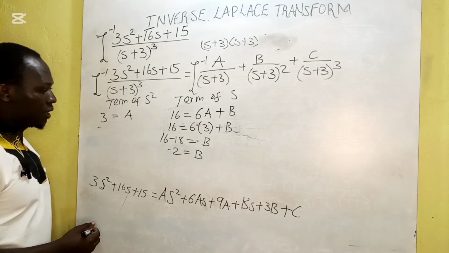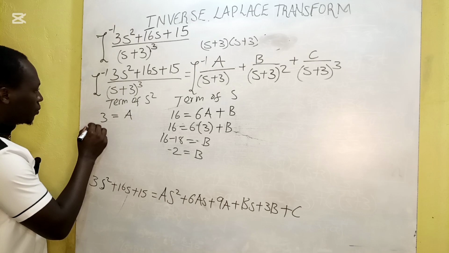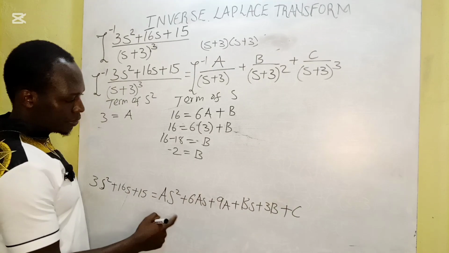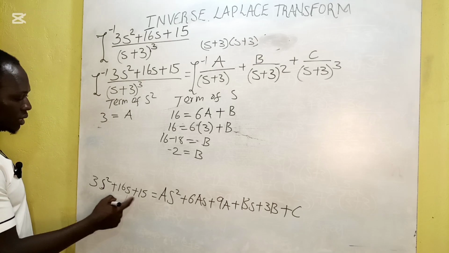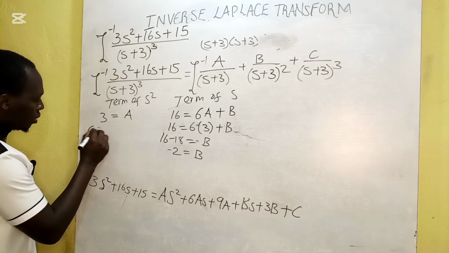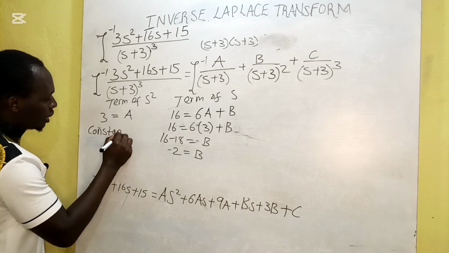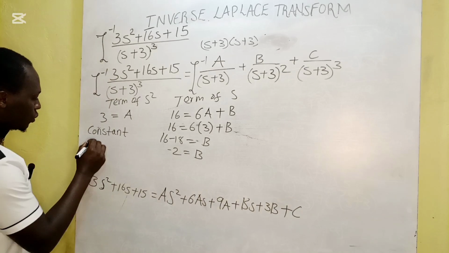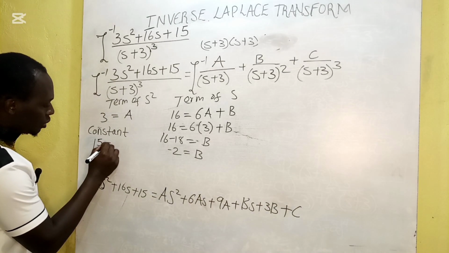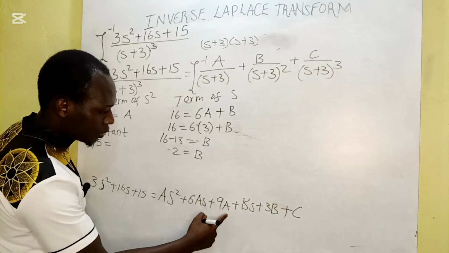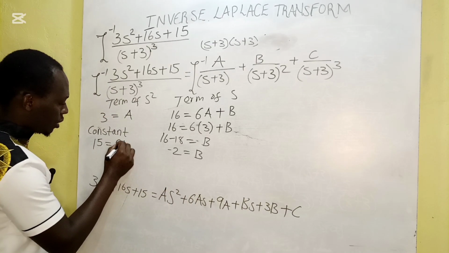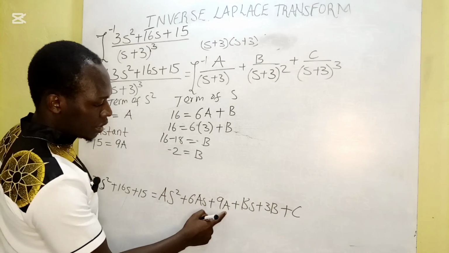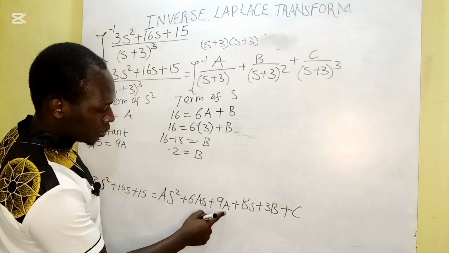Let us have the value of c. For us to have the value of c, c has got a constant, and by using the constant, here we are going to take the terms of the constant. To mean we are going to have 15 is equals to, here we are going to have 9a. 9a has, the term of a has got a constant.